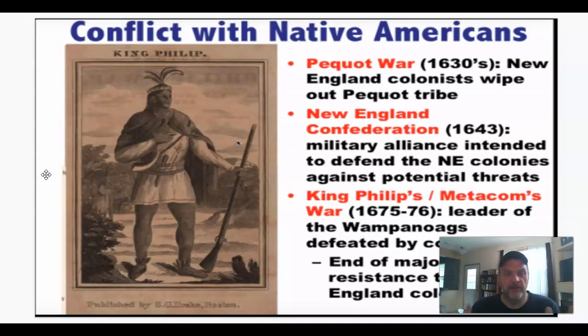So there are some parallels that are going on here, right? We've got similar forms of government in the Middle Colony, or the Chesapeake colonies, and New England, representative government. We also have conflict with American Indians in both areas of what are becoming the 13 colonies, both in the Chesapeake and New England.